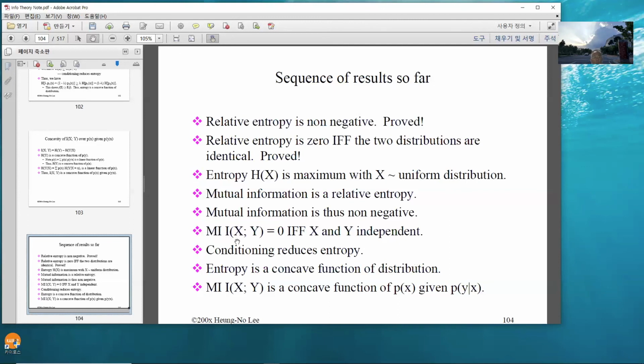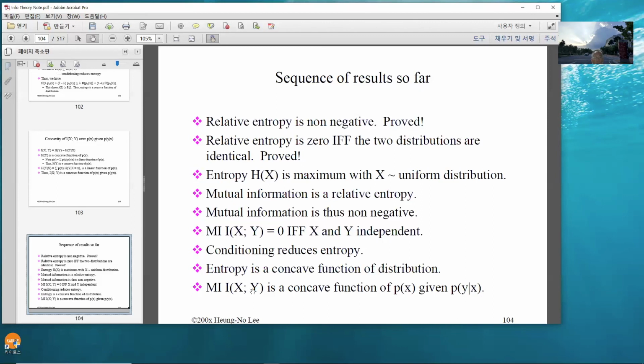Then using this definition, we can show that conditioning reduces entropy. And using the concavity of entropy, entropy is a concave function of distribution. And the mutual information is also a concave function of p(x) given p(y|x). This result will be different if we talk about something else.